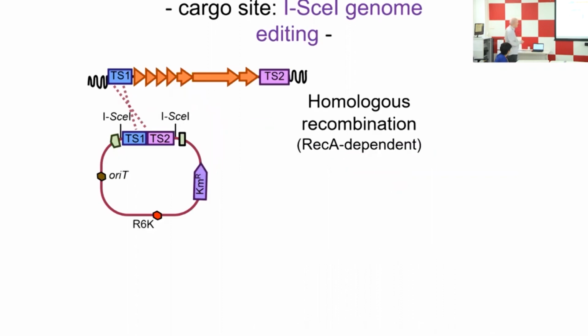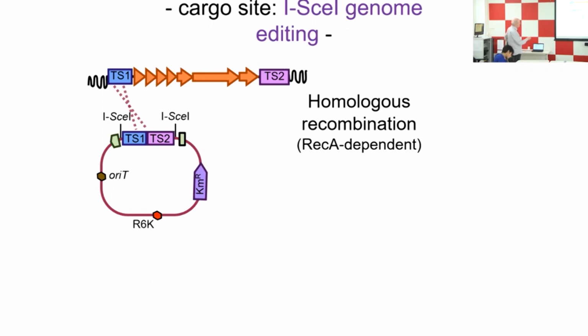If you select for kanamycin, then this plasmid necessarily had to be integrated into the chromosome because it cannot live as an autonomous plasmid. The whole plasmid structure gets recombined either here or here, and therefore you form a so-called cointegrate.